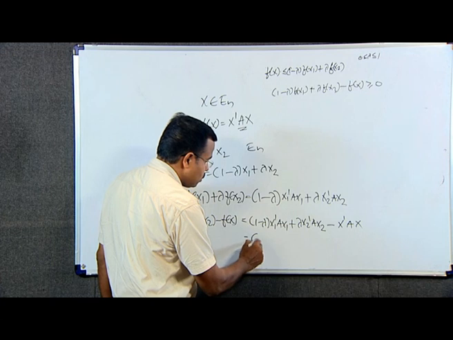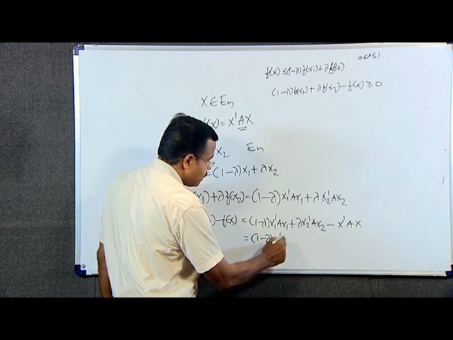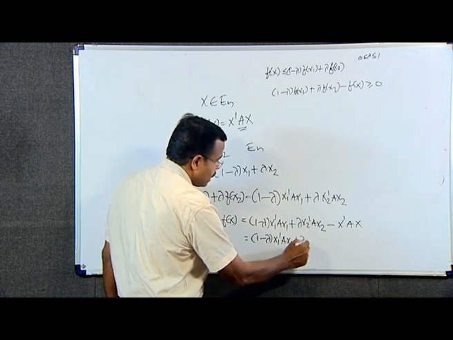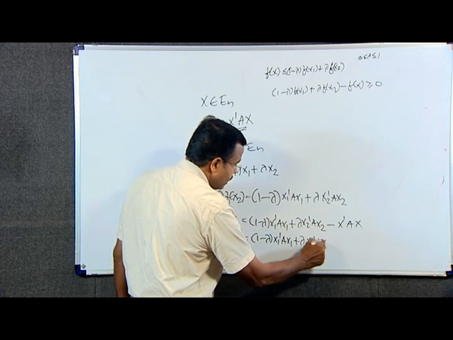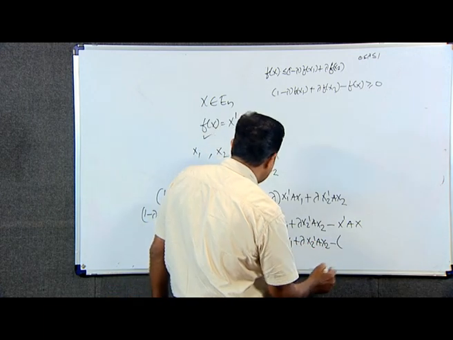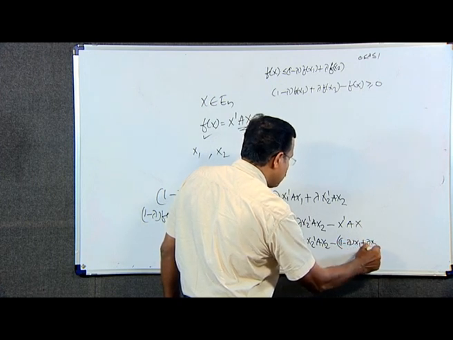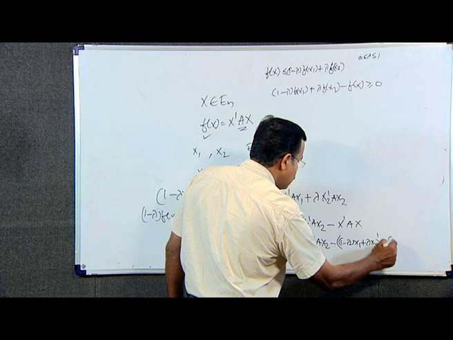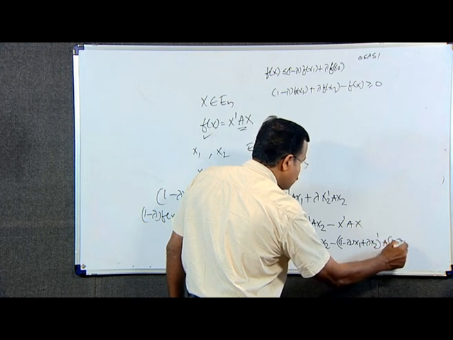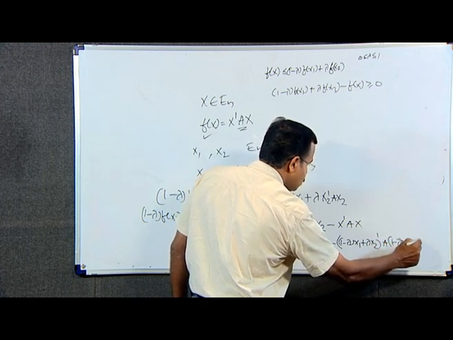So, this is equal to 1 minus lambda into x1 dash Ax1 plus lambda into x2 dash Ax2 minus (1 minus lambda into x1 plus lambda into x2) dash A into (1 minus lambda into x1 plus lambda into x2).